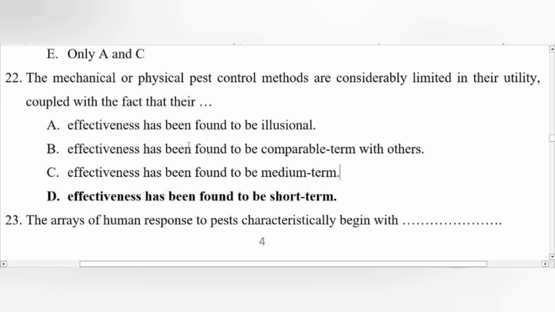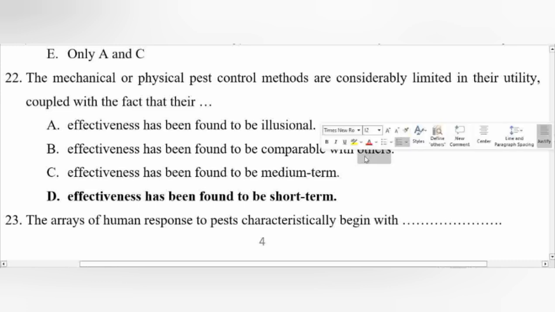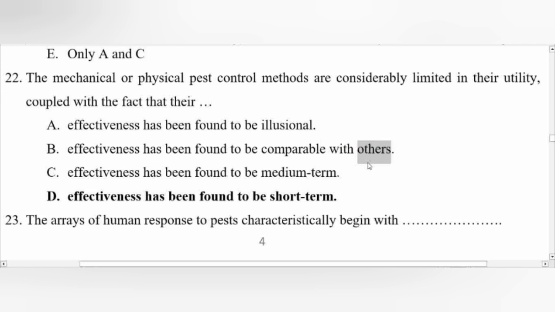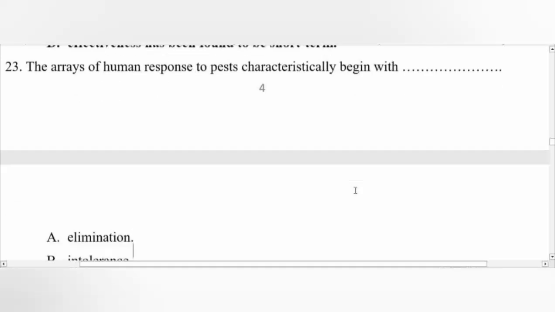I think this option should be that the effectiveness has been found to be comparable, maybe with other techniques. But it's not comparable. There are some that are more powerful than just the mechanical or physical control.